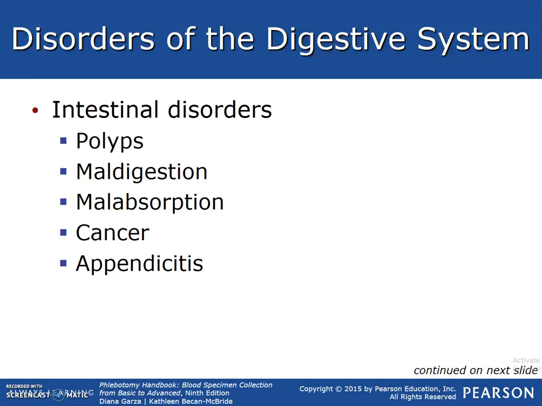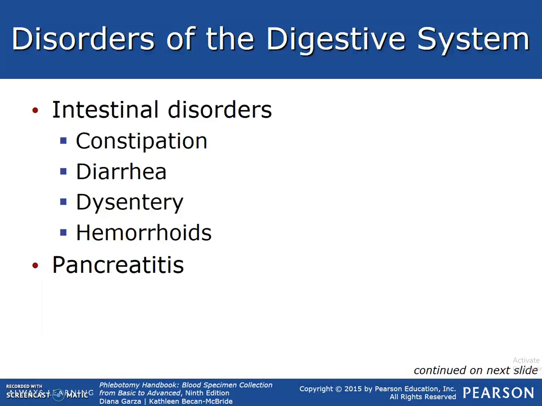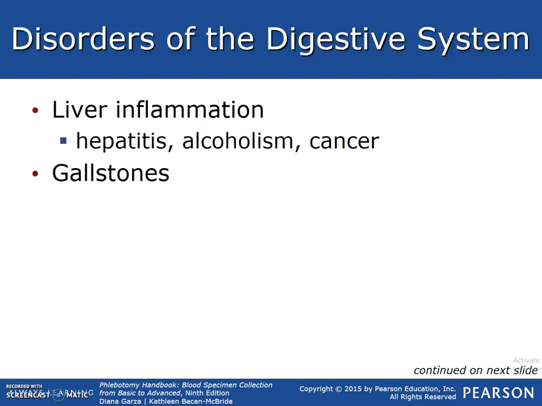Intestinal disorders, there could be polyps, maldigestion, malabsorption, cancer, and appendicitis, which is the inflammation of the appendix, which requires removal. There's also constipation, diarrhea, hemorrhoids, and pancreatitis. Liver inflammation, hepatitis, alcoholism, and cancer.